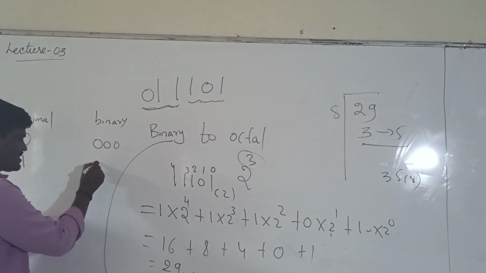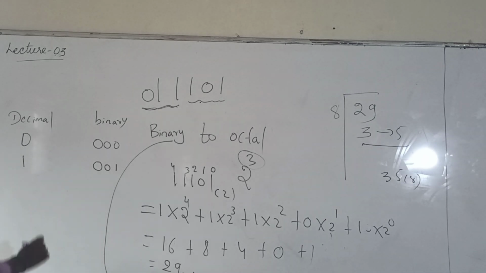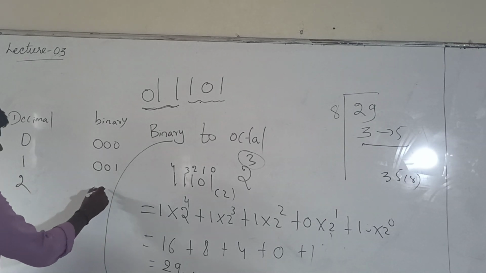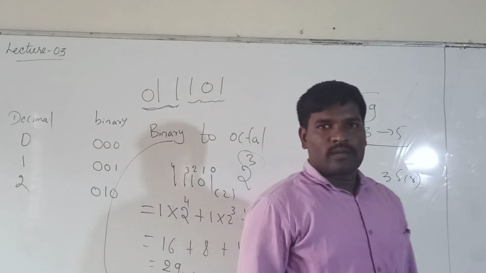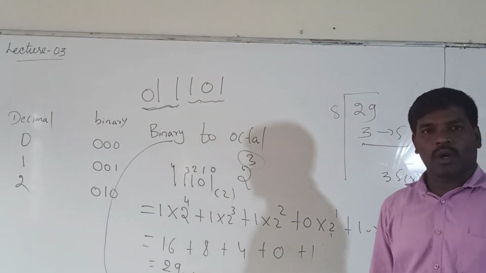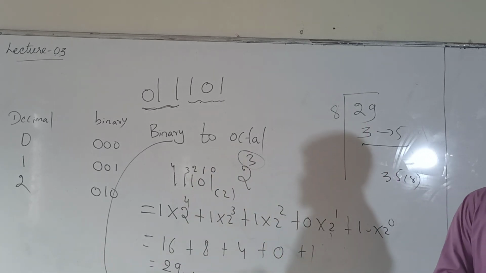Next, 1 is 001, 2 is 010. So how to remember from 0 to 10 or 0 to 15?